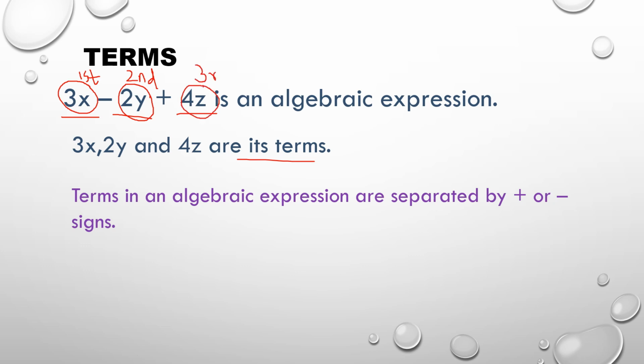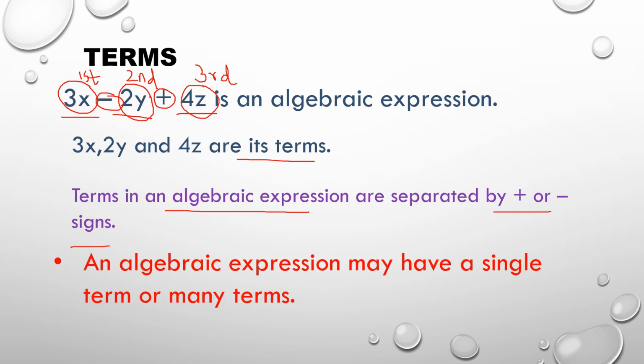So 3x is separated from 2y by a minus sign, and 2y is separated from 4z by a plus sign. So terms in algebraic expressions are separated by plus or minus sign. And algebraic expressions may have a single term or many terms.